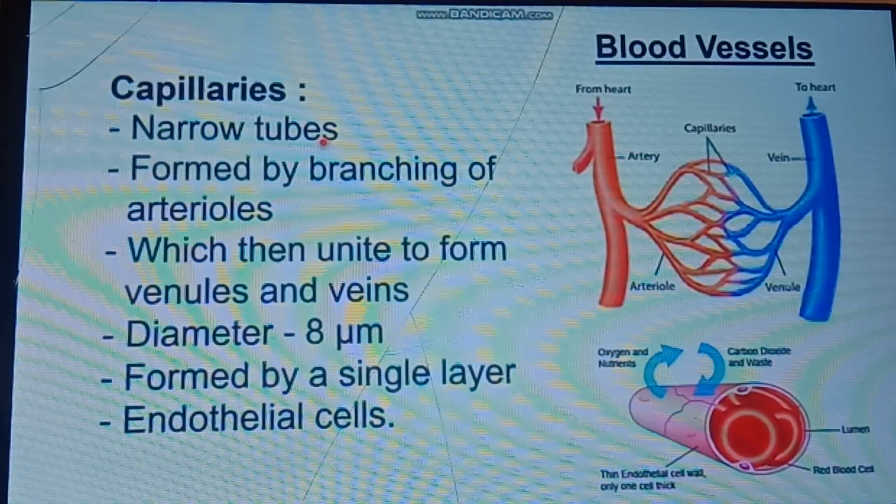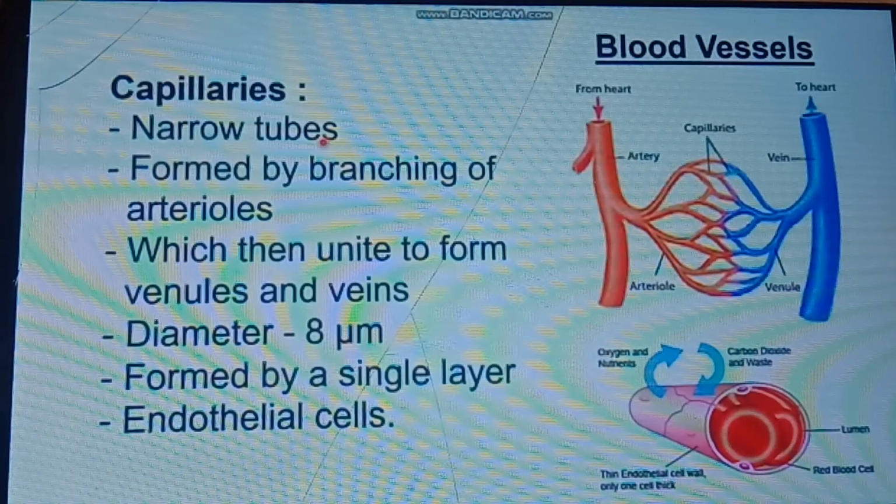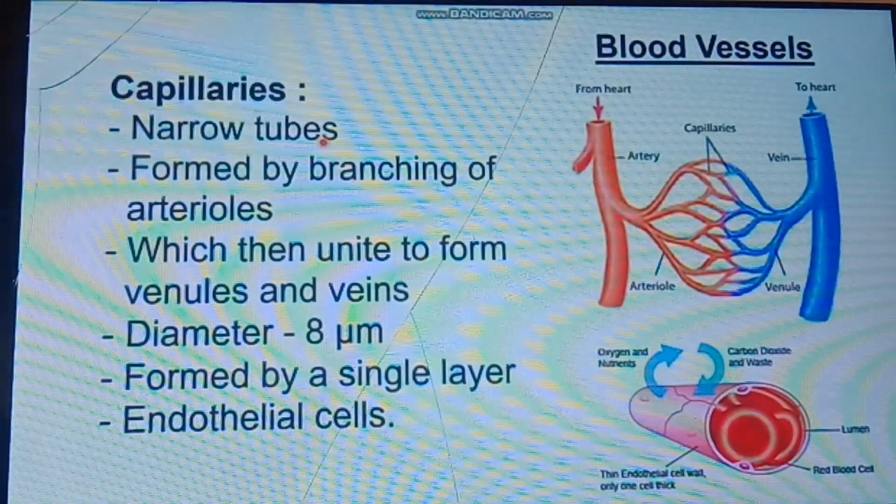Capillaries are formed of a single layer of endothelial cells. It's clear.